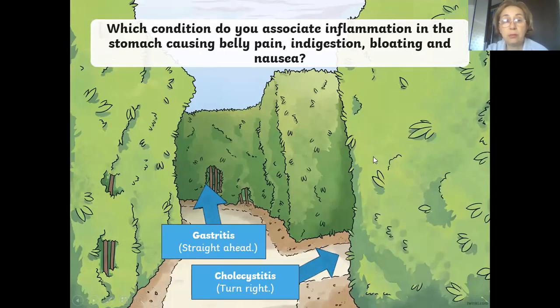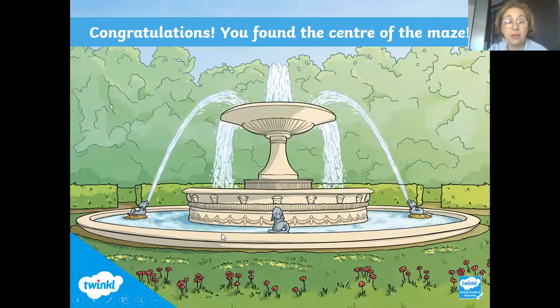Which condition do you associate with inflammation in the stomach causing belly pain, indigestion, bloating, and nausea? Is it gastritis or colitis? Gastritis. Straight ahead. Yes, straight ahead. Right.